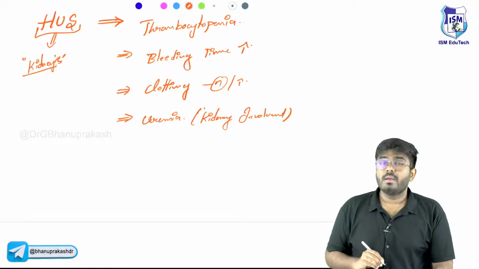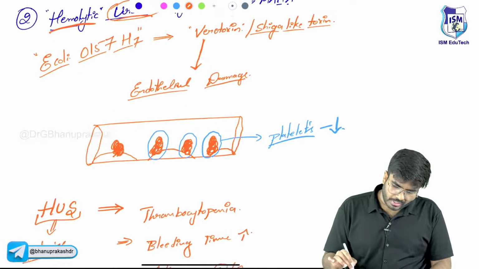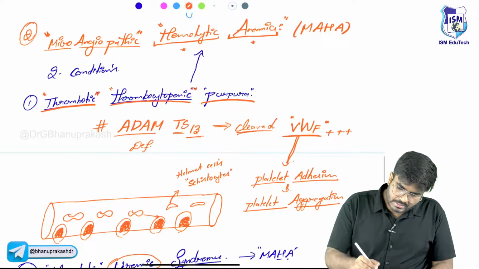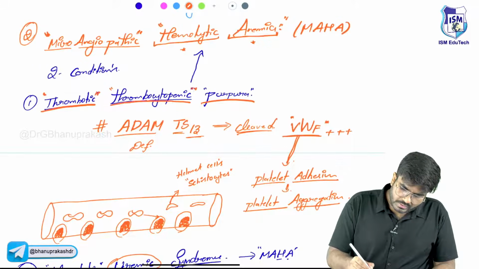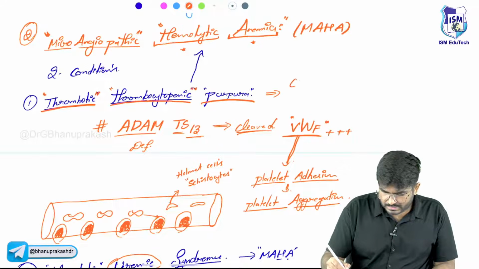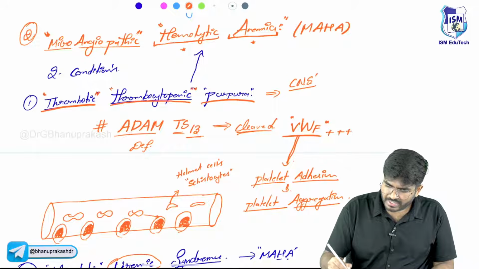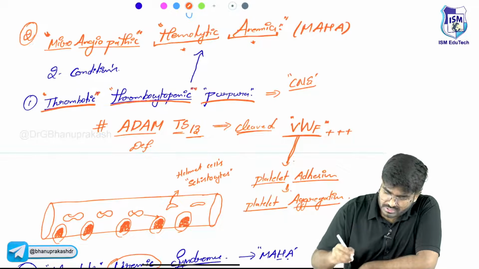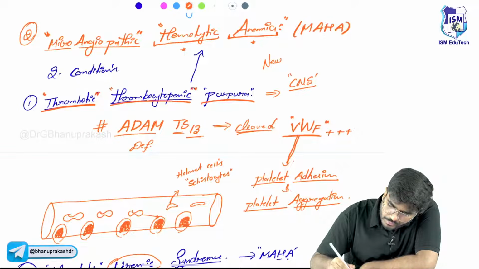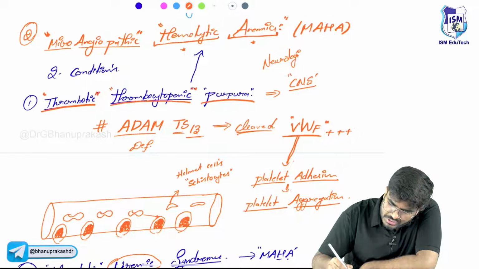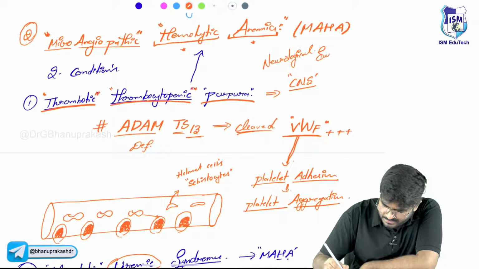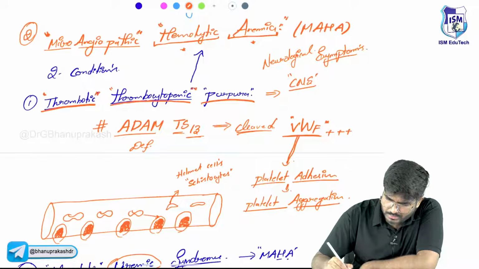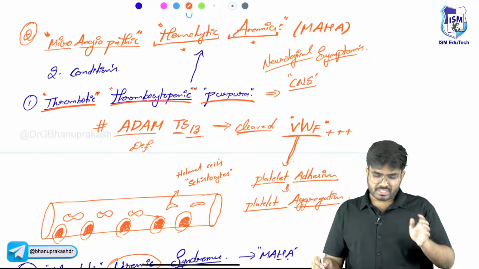In thrombotic thrombocytopenic purpura, the important point I want you to know is that it mainly involves the central nervous system. The platelet microthrombi are going to form within the vasculature of the CNS, so the patient is going to have neurological symptoms. Thrombotic thrombocytopenic purpura: neurological symptoms.